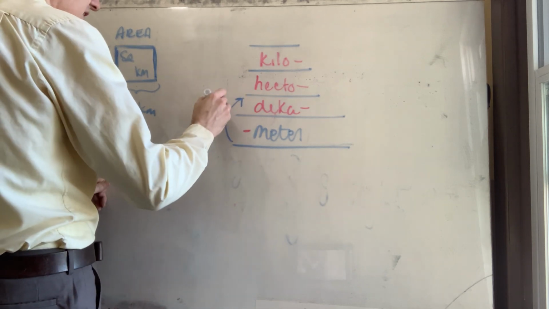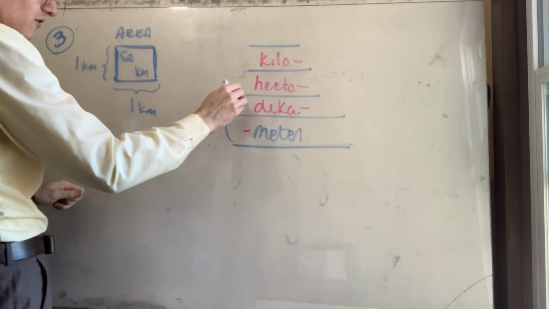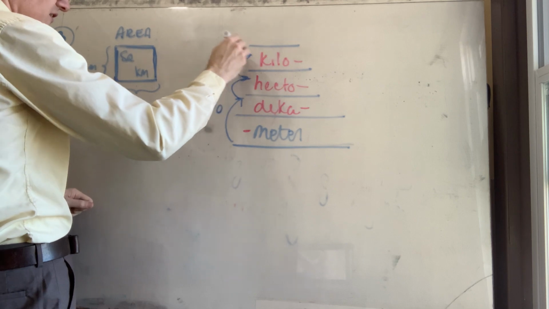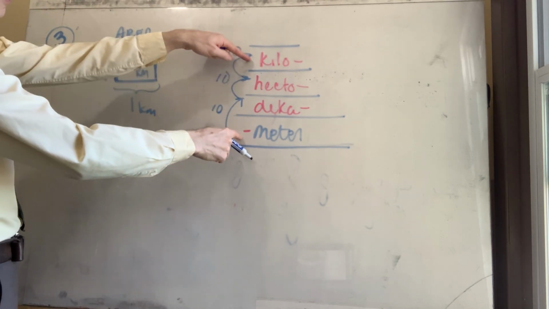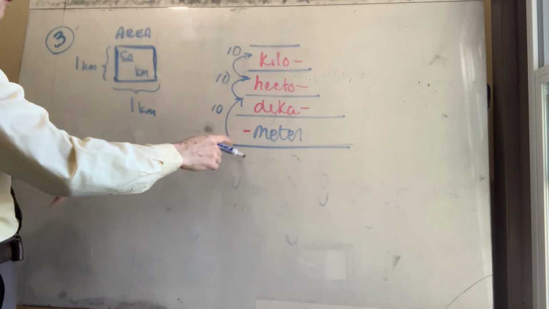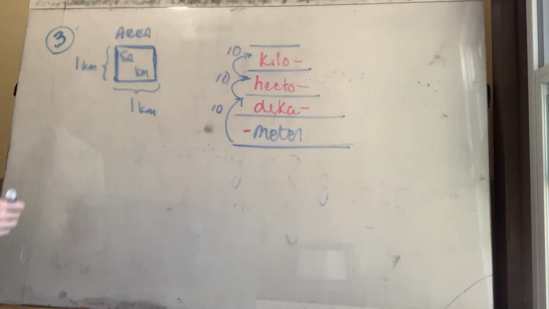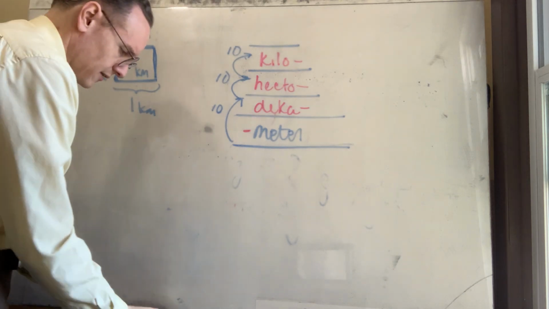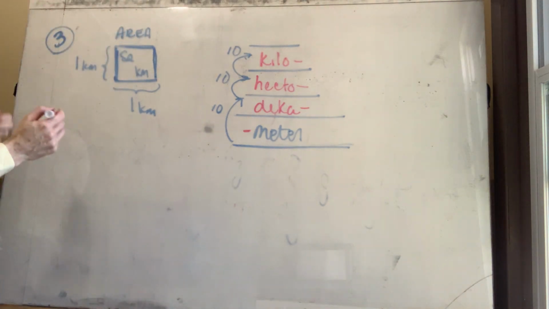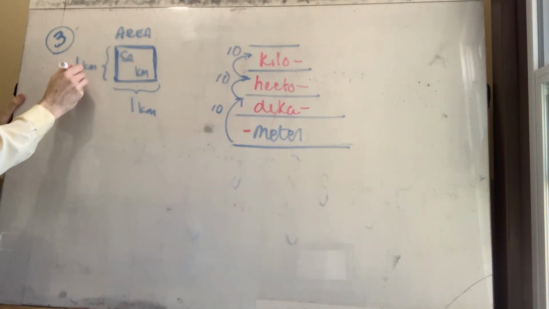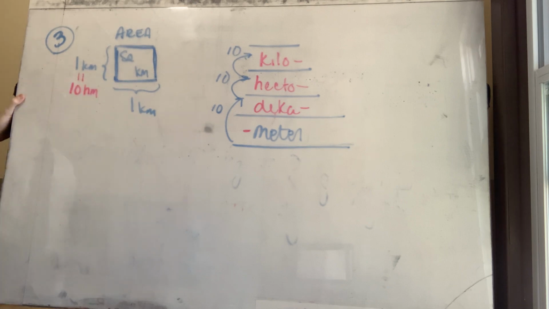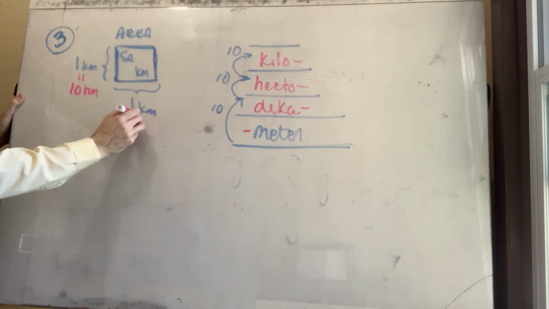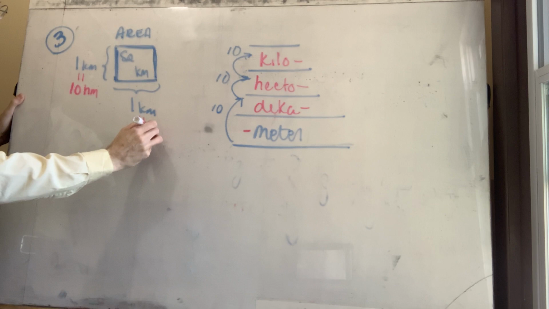What I'm getting at is that it's 10 of these to make this, it's 10 of these to make this, it's 10 of these to make this. Alright. Normally we just go from here to here, which is why this is 1,000, because it amplifies by multiplying. But knowing that would help answer this question, because if it's a square kilometer, and we're considering hectometers instead, this would be 10 hectometers. And this would also be 10 hectometers, HM.